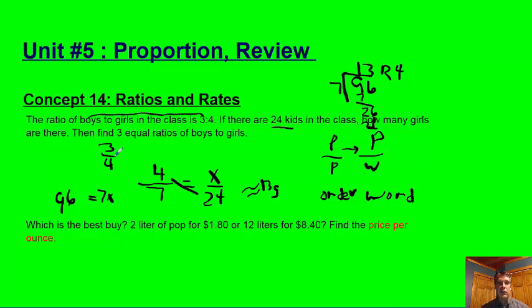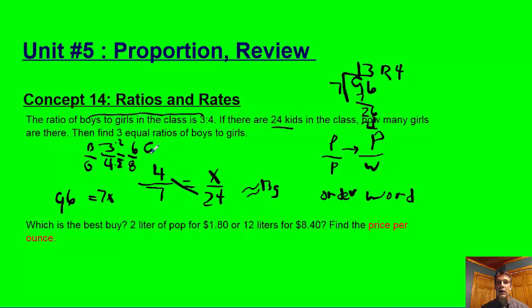Let's find 3 equal ratios. All right, so if I got 3 boys to 4 girls, treat equal ratios like equal fractions. So if I multiply top and bottom by 2, I'm going to get 6/8. That's equal. Okay, multiply top and bottom by 3.